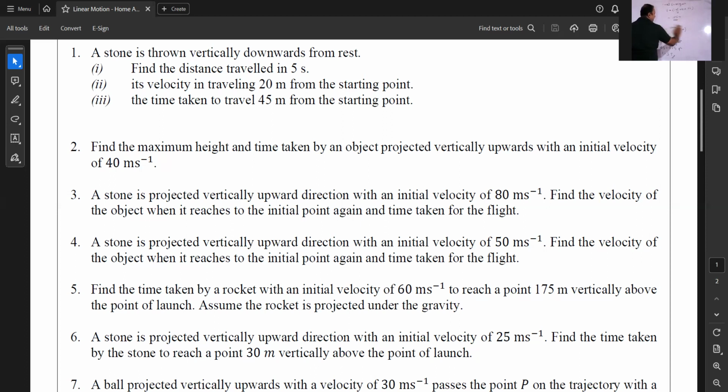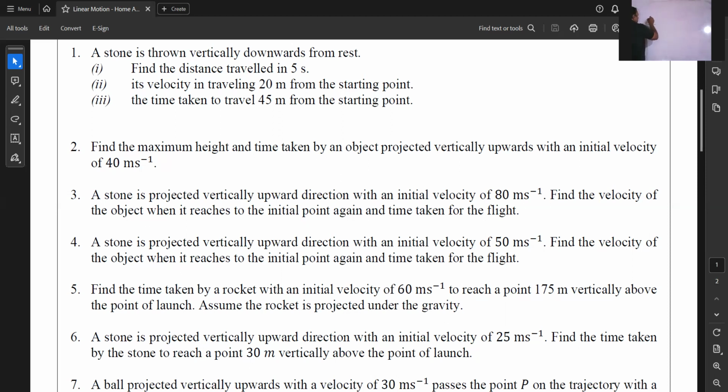Now, an object is projected vertically upward direction with a velocity of 40 ms minus 1. We have to find the maximum height attained and the time taken to the maximum height.